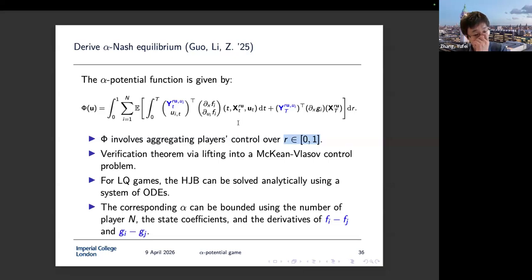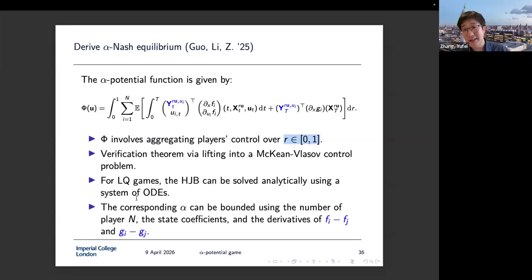We essentially provide a verification theorem by lifting this optimization problem into a controlled McKean-Vlasov problem. And then we characterize the solution by using an HJB equation on the space of probability measures.